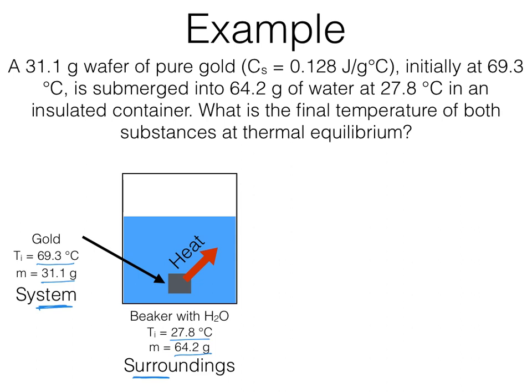And so with this, we know that the heat is going from the gold to the water. That means that heat is leaving the system, so the Q of the system is going to be less than 0.